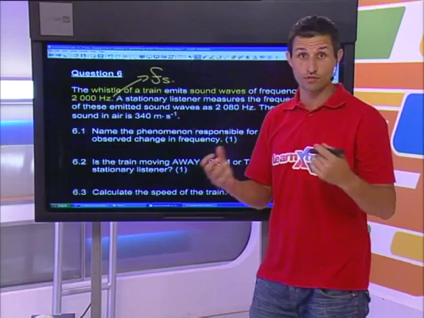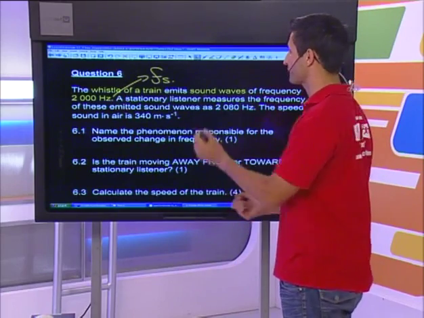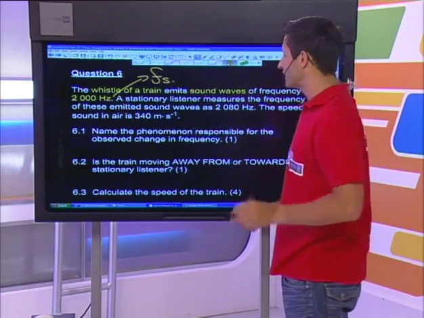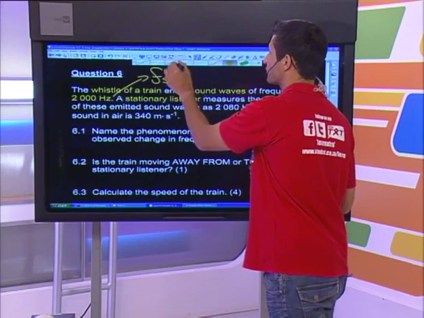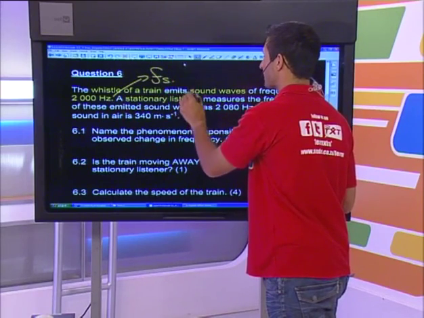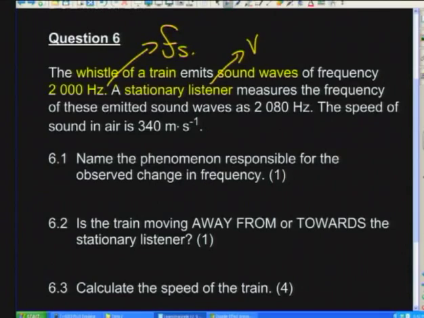It's very vital that we start identifying information as we go. Okay, so let's read further. Let's highlight as we go, and I recommend you do the same. It says a stationary listener, meaning I've got zero velocity on my listener. So VL is 0, and that's really important as well, because that's going to help me with my equation. The velocity of my listener is equal to 0 meters per second.